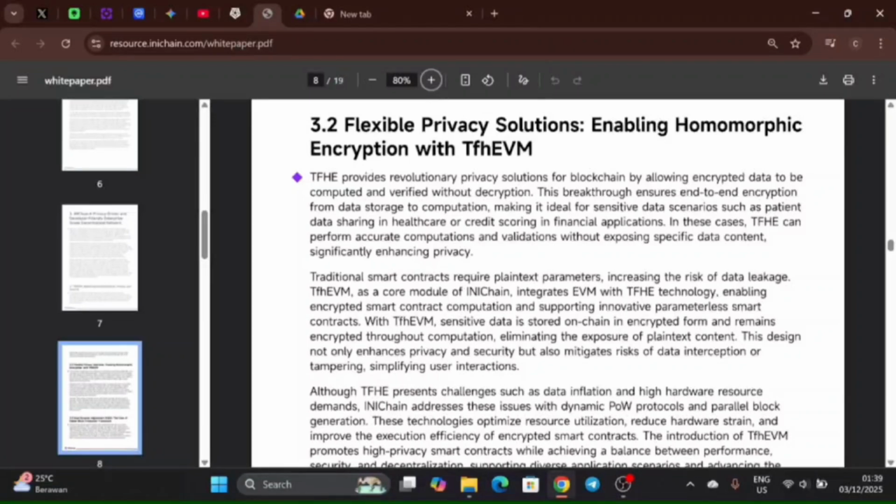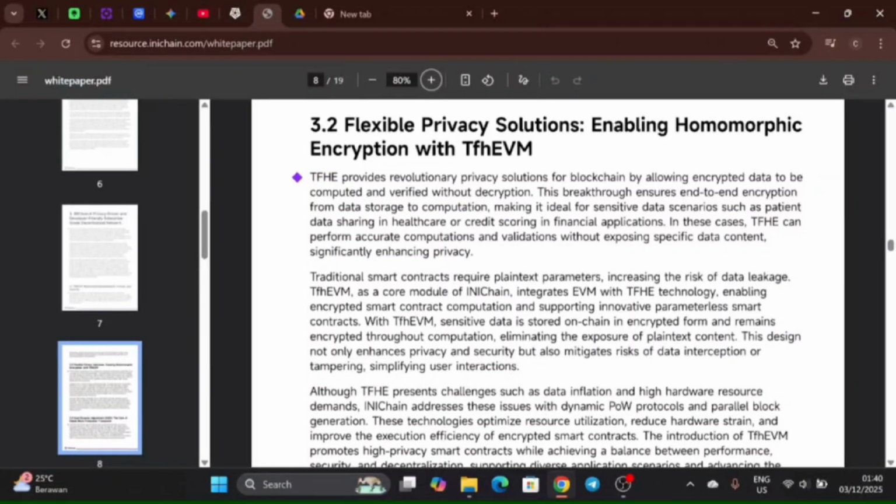So, with FHE EVM, sensitive data is stored on chain in encrypted form and remains encrypted throughout computation. It's still completely encrypted, eliminating the exposure of the plain text content.